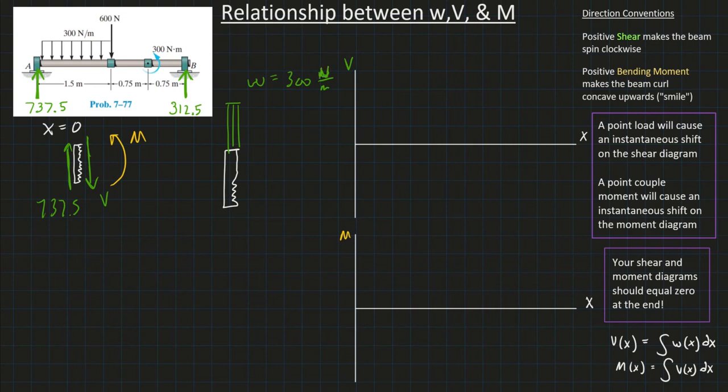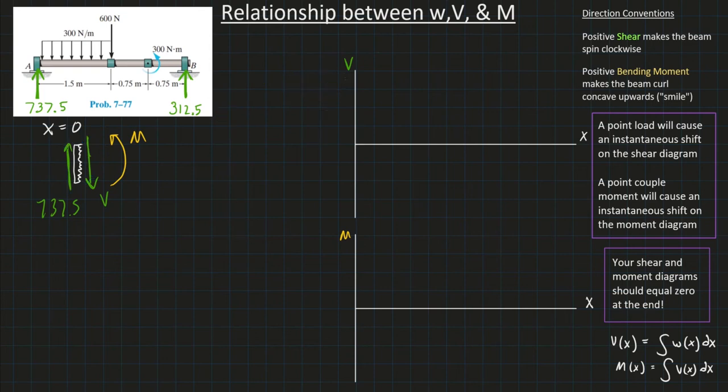But remember, I have to times this W by a distance to get the force. And this distance right here is so tiny that when I times it by this 300, I basically get a 0. That's how tiny this dx is right here. So because of that, I can basically neglect the W acting on this.